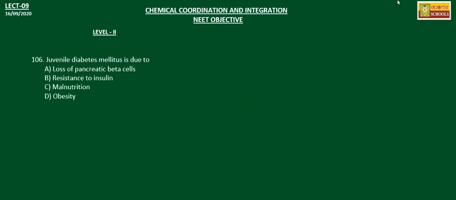The next question, juvenile diabetes mellitus is due to. So we'll see here, diabetes mellitus is of two types. That is type 1 diabetes and type 2 diabetes.